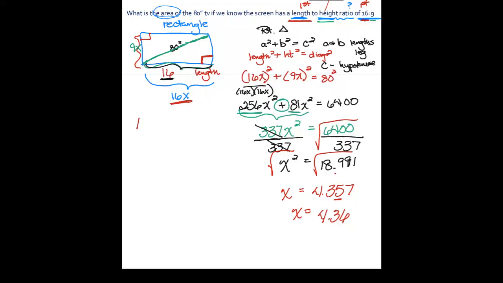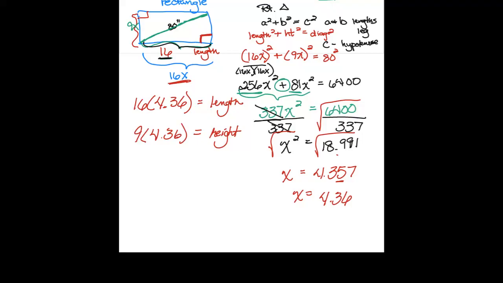So you've got to take 16 times 4.36. Okay, that gives you the length. And you need to take 9 times 4.36 to get the height, width, whatever you want to call it.